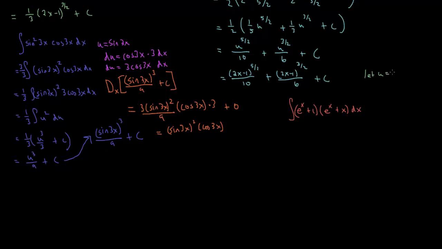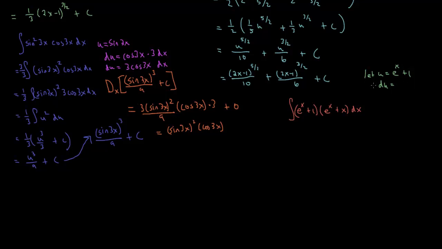Let u equal e to the x plus 1. Well, in that case, what would du equal? Well, du would equal e to the x dx, the differential. Well, do I see e to the x dx over here? Well, I do, but it's e to the x plus x dx, so not exactly. So that doesn't work out for us.